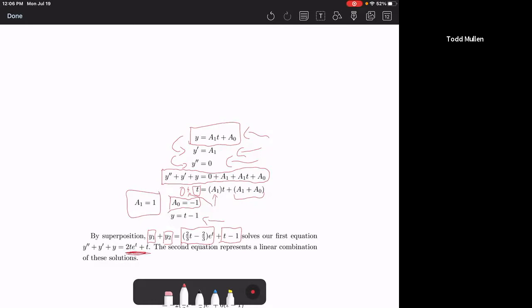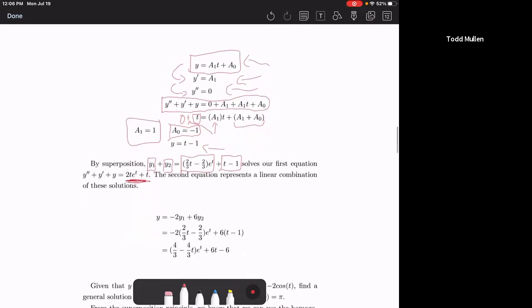The second equation, as we stated before, represents a linear combination of these solutions. Since the second equation is y equals negative 2y1 plus 6y2, we just plug in our y1 and our y2 values, and we get a final solution for the entire problem. Y is equal to 4 over 3 minus 4 over 3t times e to the t plus 6t minus 6.